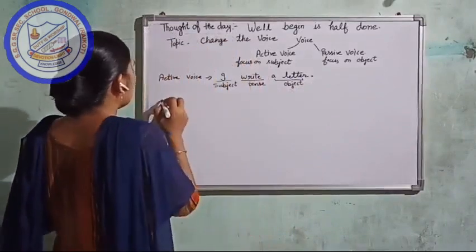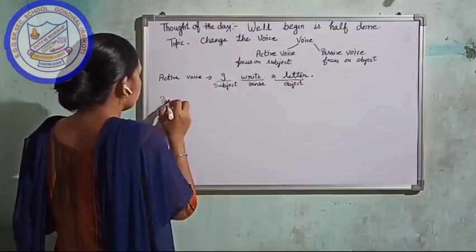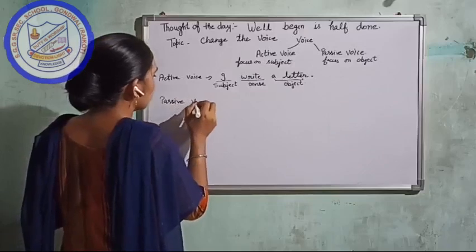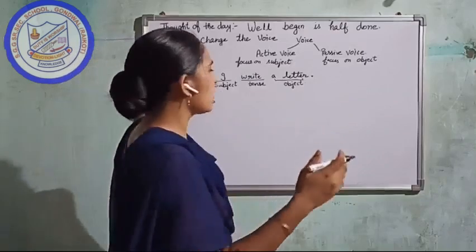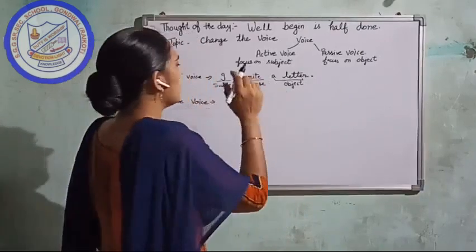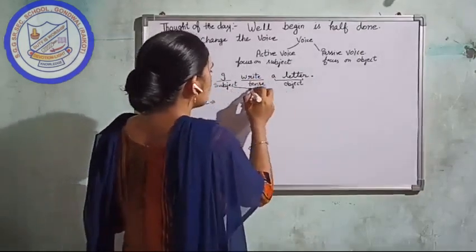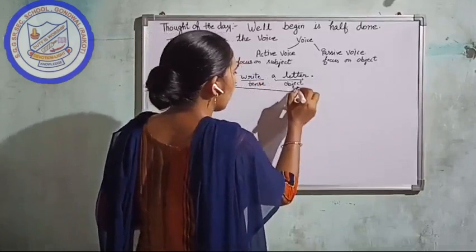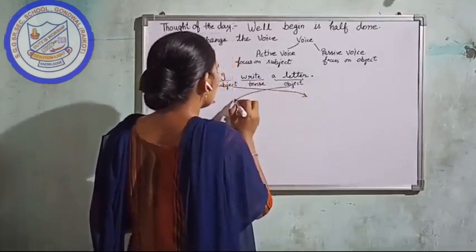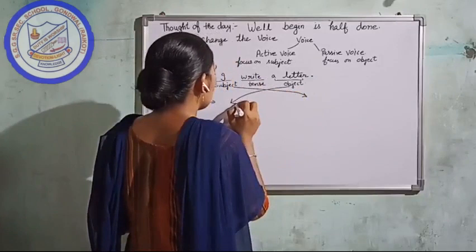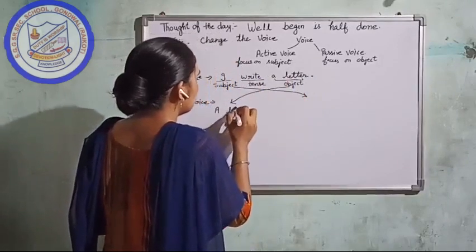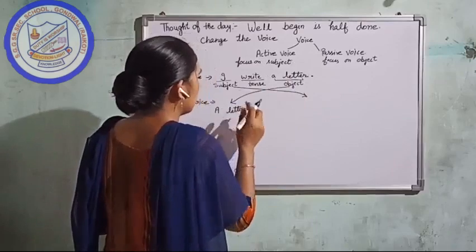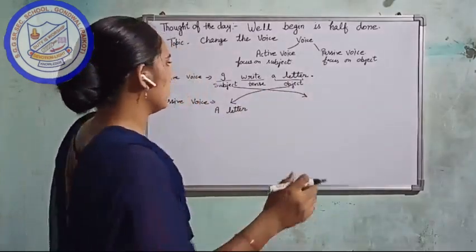Now, for passive voice, first of all, we replace the places of subject and object. Subject will take place of object and object will take place of subject. A letter. Then there is need of helping verb.